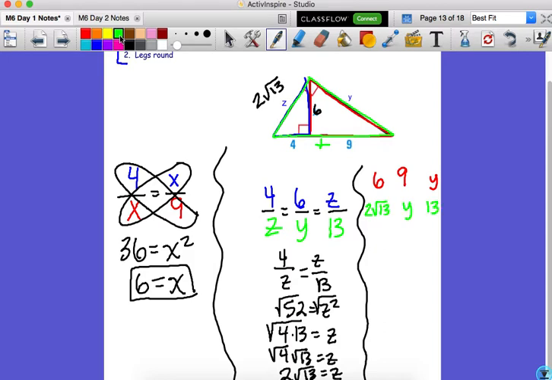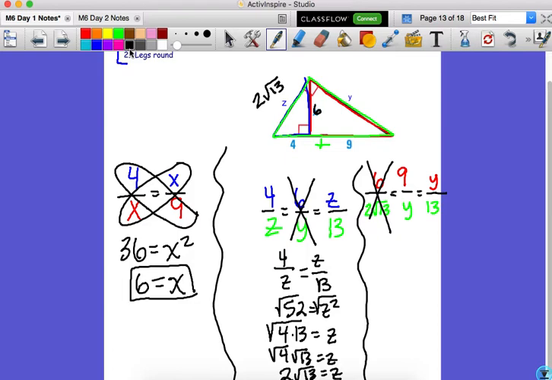I end up here, and I can set all of these equal to each other. Because this one has kind of the ugliness, I'm going to ignore that, and I'm going to only focus on the two on the right. So kind of like we did here where we ignored this one, we're now going to ignore this one.